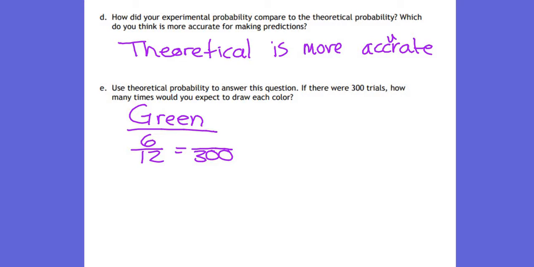That's the total. And over here, 12 is also the total, and it's located on the bottom. So I'm looking for this numerator. I have to ask myself, 12 times what gives me 300? And it is 25. So 6 times 25 gives me 150.